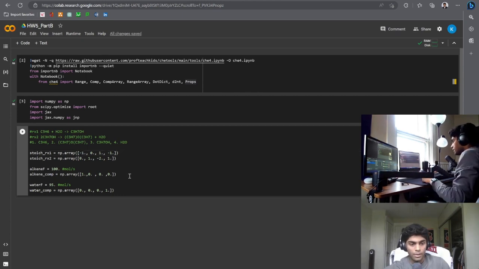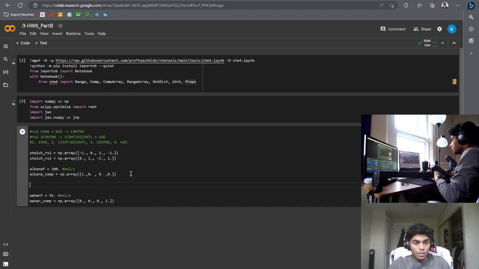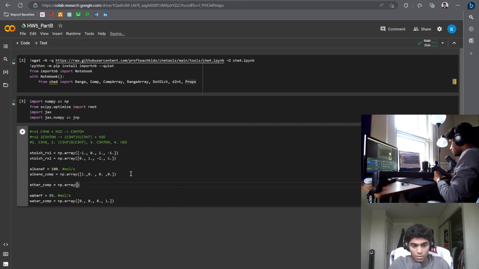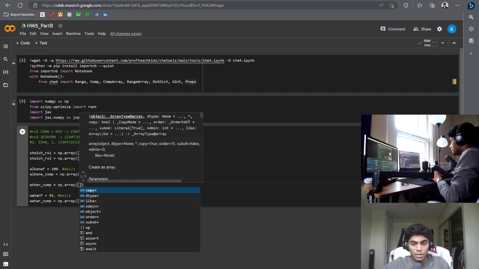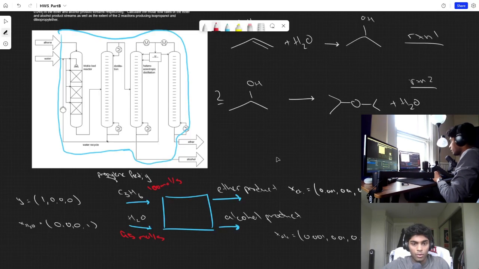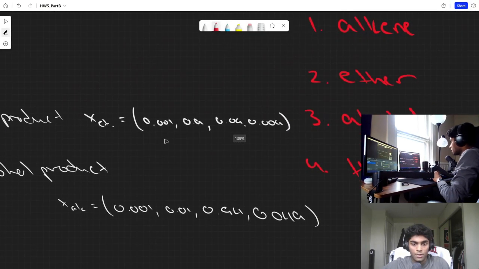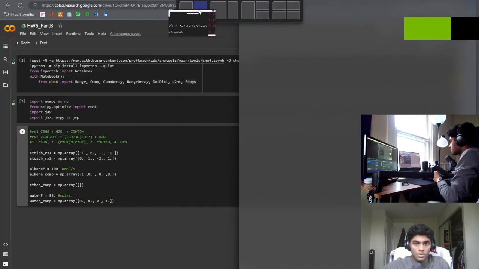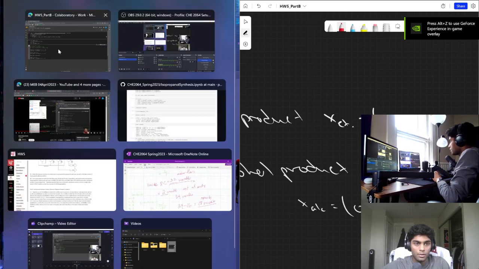Now the next thing we end up doing is we can go ahead and type in the compositions of the ether and alcohol flows. So if we go ether composition, this is going to be another array. And if we look back at our whiteboard, let's get you side by side here.